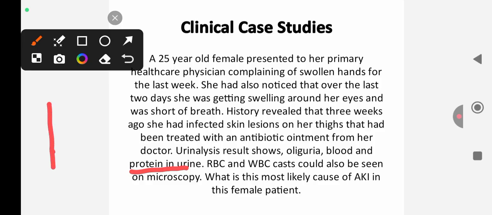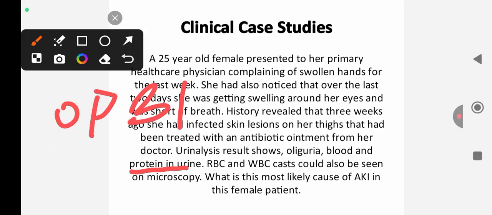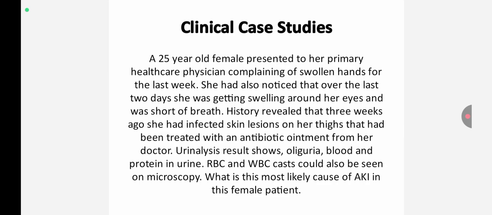So the oncotic pressure of the blood reduces. Once the oncotic pressure of the blood reduces, fluid leaves the blood into the extracellular space, resulting in the swollen face, swollen hands, and swollen eyes.